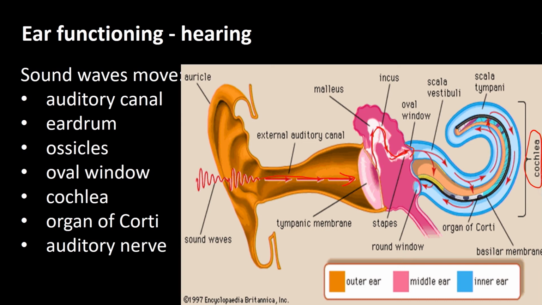And depending on the pitch of the sound, the vibration will stimulate a little organ called the organ of Corti in some part of the cochlea. And different parts of the cochlea are stimulated by different pitch sounds. High-pitched or low-pitched sounds are heard in different areas of the cochlea.